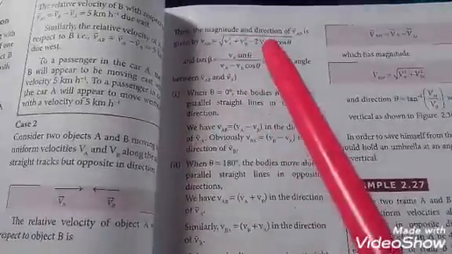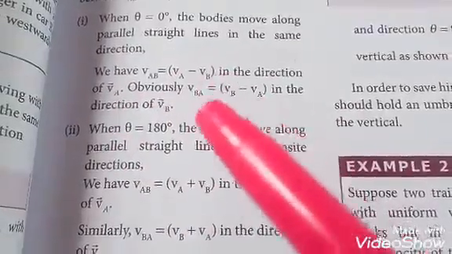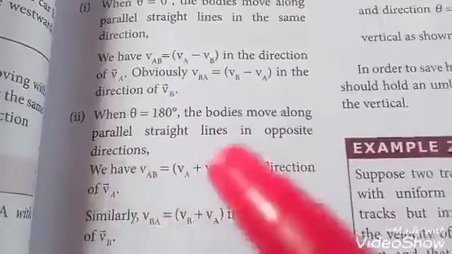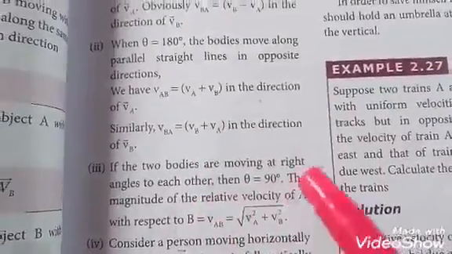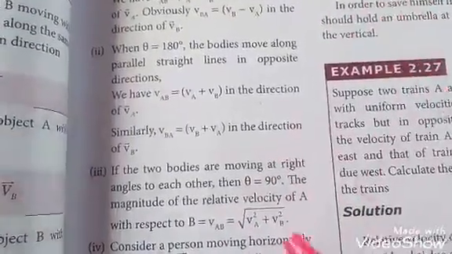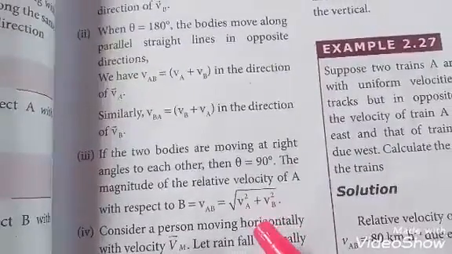The square and root are cancelled. So we get the VAB and VBA formulas. Suppose the theta value is 180 degrees, we get the VAB and VBA formulas. Suppose the theta value is 90 degrees, cos 90 is 0. So VAB equals the root of VA square plus VB square.